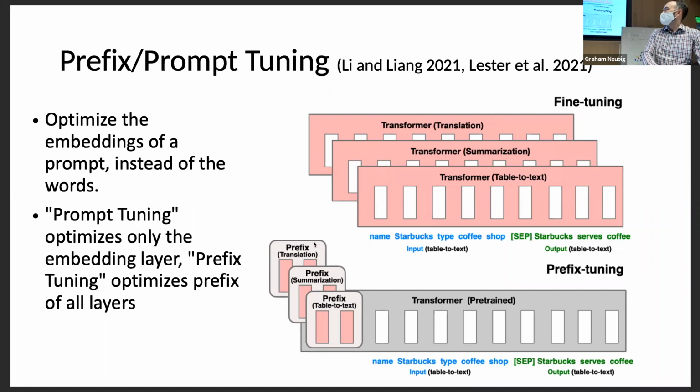The idea is you append a few tokens to the beginning of the sequence, but instead of appending actual natural language tokens, you just append special tokens, like token 1, token 2, token 3, however many you want, up to like 200, whatever. And then you directly optimize the embeddings of these tokens.